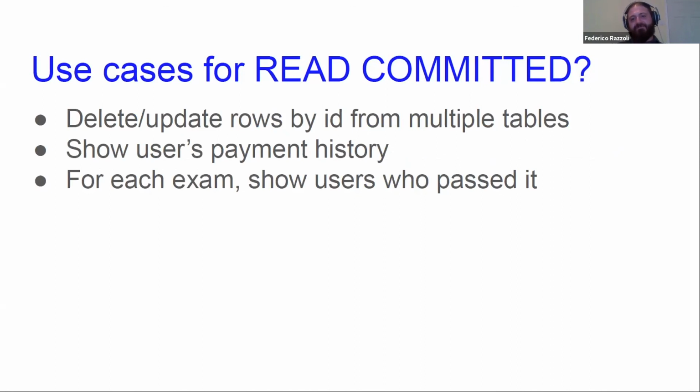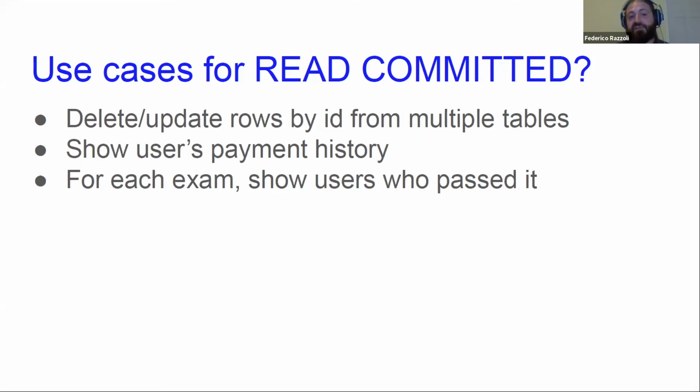Okay, so use cases for read committed. Well, you could do it to delete or update rows, for example, by ID from multiple tables, but related tables, and you are basically sure that no one else is modifying those tables during this operation.